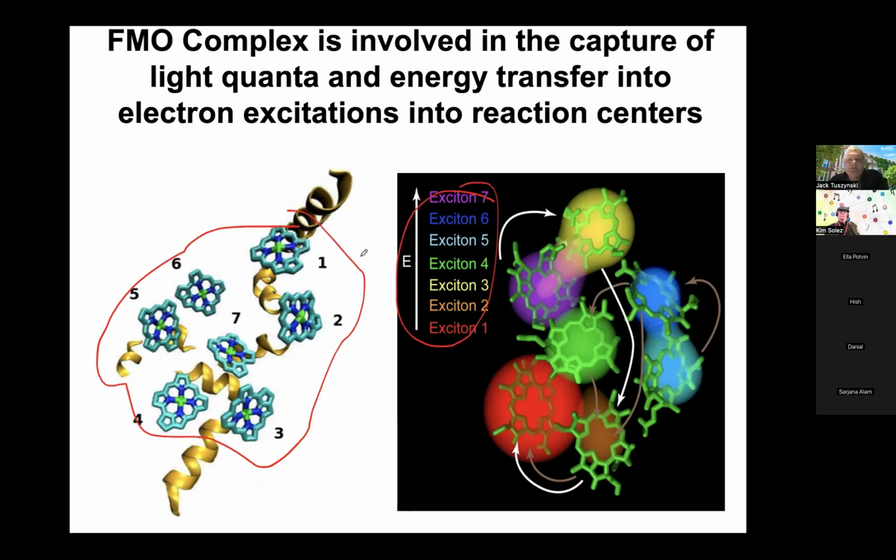of electrons called excitons. There are 7 identical molecules, these heterocycles, and they are all quantum correlated.